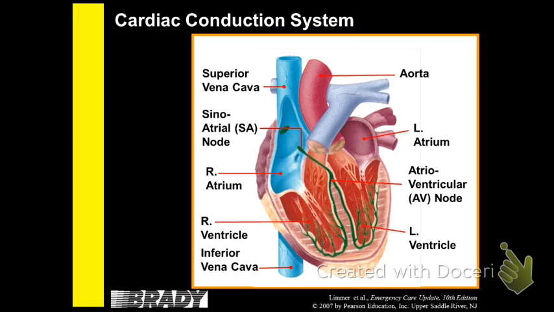If the SA node stops firing, fortunately, we're not going to talk about it today, but fortunately the body always has a backup system. You'll learn about the first backup system when we learn about the Heimlich maneuver. When someone's choking and you do the Heimlich and it forces air that's left in the lungs to remove the object. That's one of the backup systems. Another backup system is the way that we breathe.